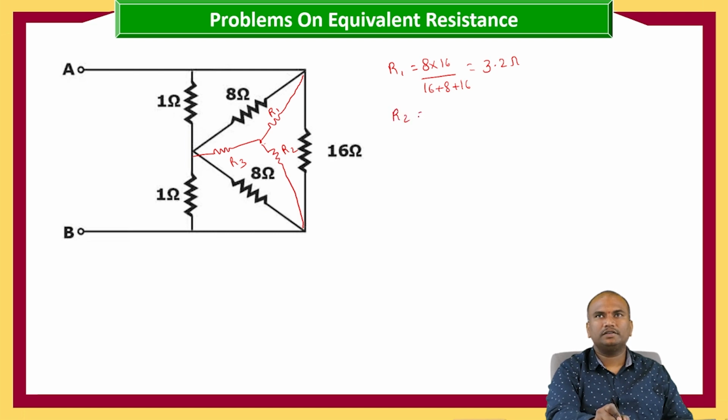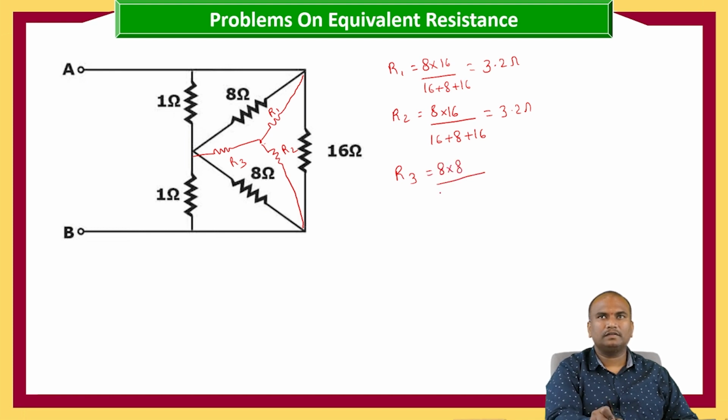And R2 is equals to 8 into 16 by 16 plus 8 plus 16, which is equals to 3.2 ohms. Where R3 is equals to 8 into 8 by 16 plus 8 plus 16, 6 ohms.